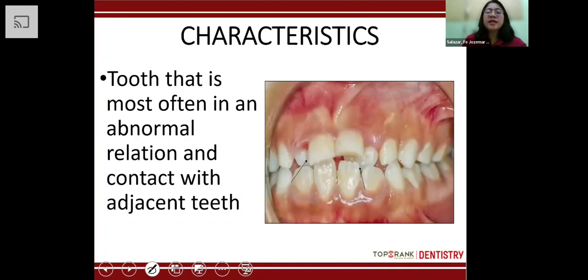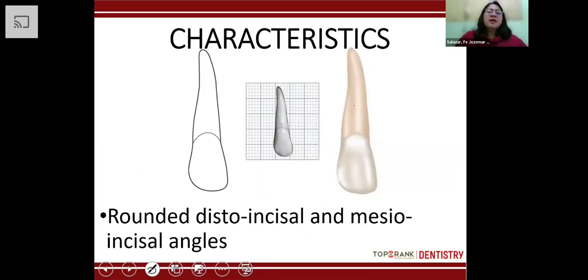Tooth that is often in an abnormal relation and contact with adjacent teeth. Ectopic, ectopically erupted. So it has rounded disto-incisal and mesio-incisal line angles. You might ask, Doc, didn't you say the mesio-incisal is sharp?